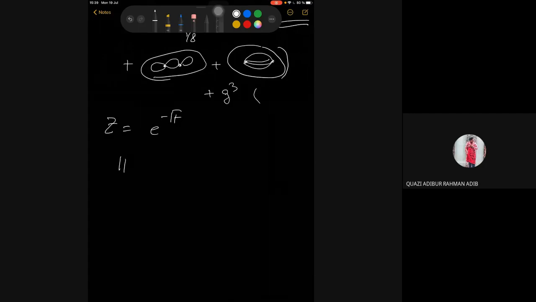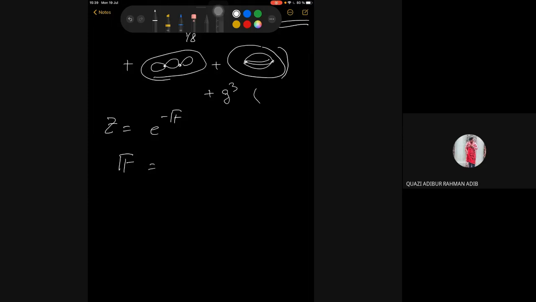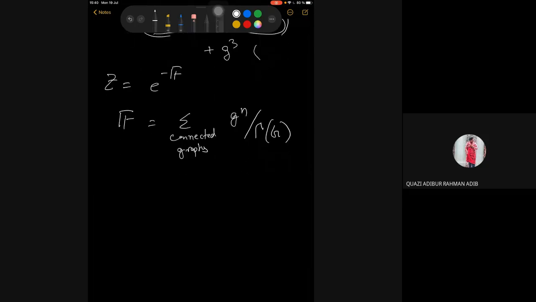This F function is sometimes called the free energy, or I can call it my connected graph generating function. So I can get all of them from just connected ones, and it looks something like this.